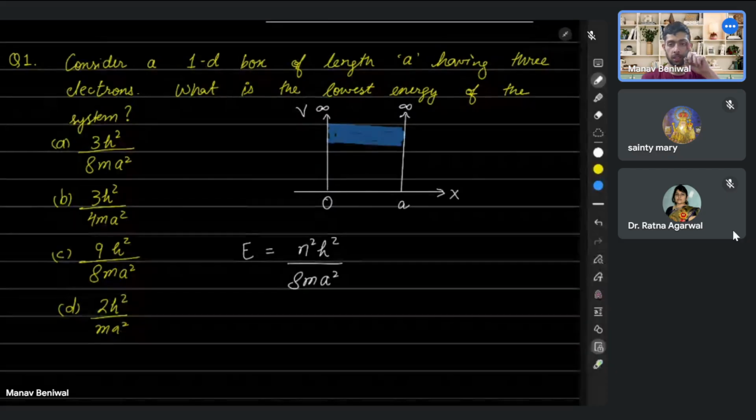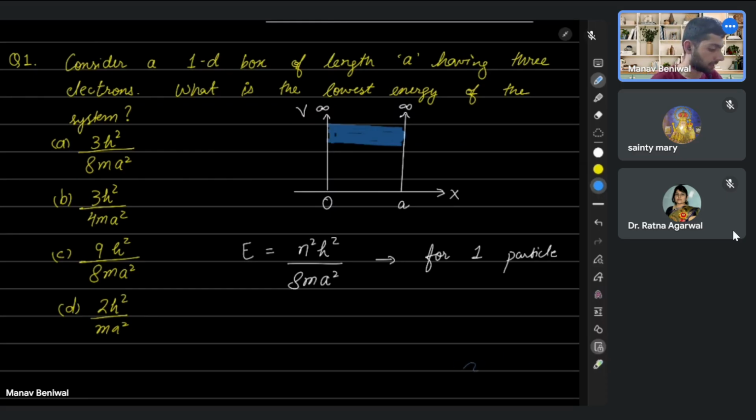Now this is for a single particle. Let me also draw the energy levels. So let's say this is n equals 1, this is n equals 2, n equals 3, and so on.